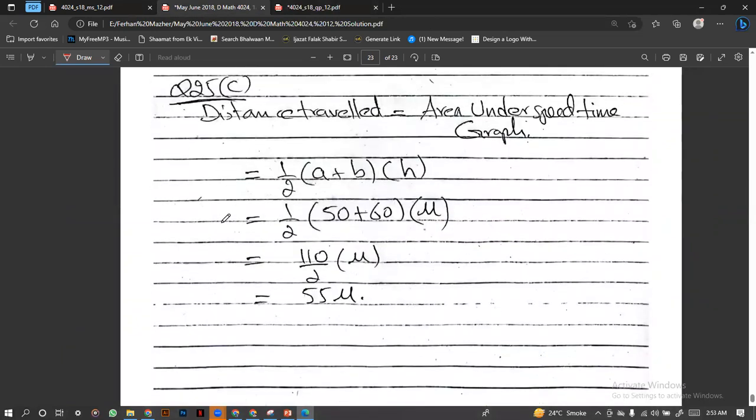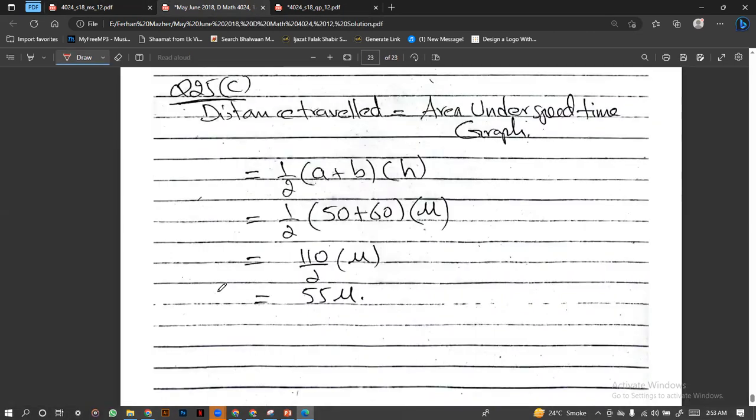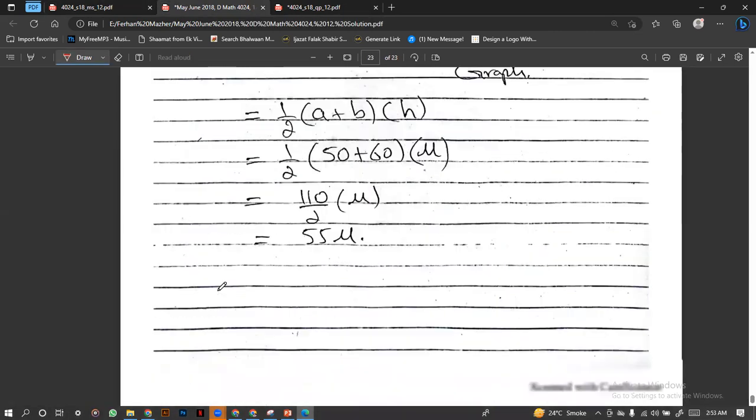So the distance traveled will be 1 by 2 into the sum of parallel sides into the height of the trapezium, 1 by 2 into 50 plus 60 into u, and that will be 110 by 2 into u, and that will be 55u. 55u is the right answer. This is the solution of the C part.